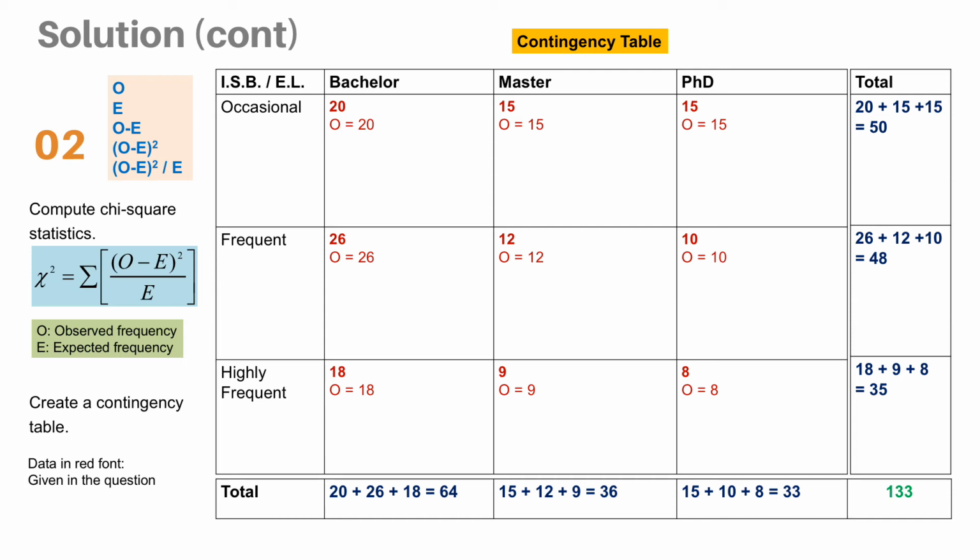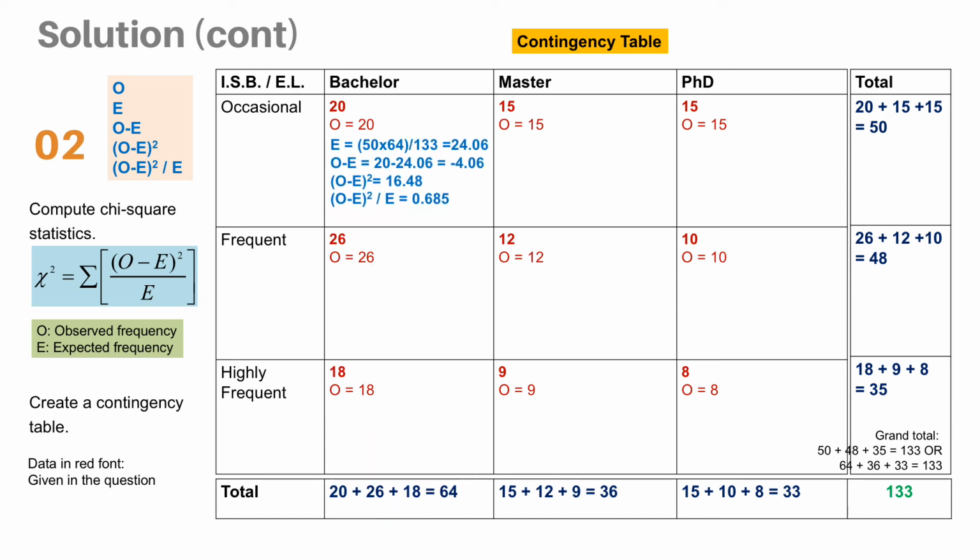The second and the third column have the total O of 36 and 33 respectively. The grand total is given as the summation of total O for every row or the total O for every column. So the value is 133.